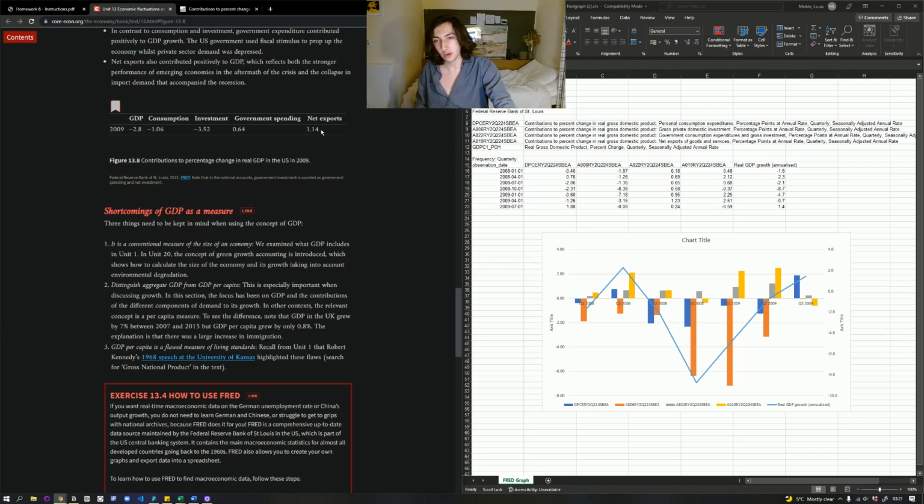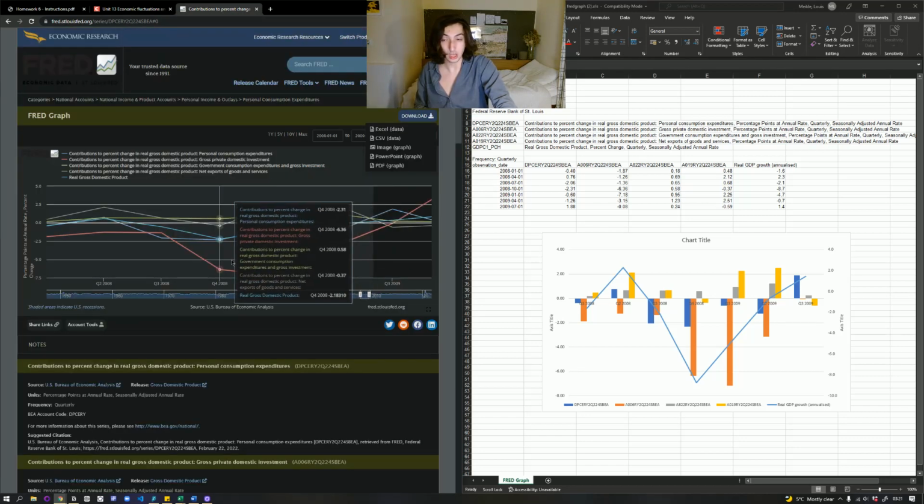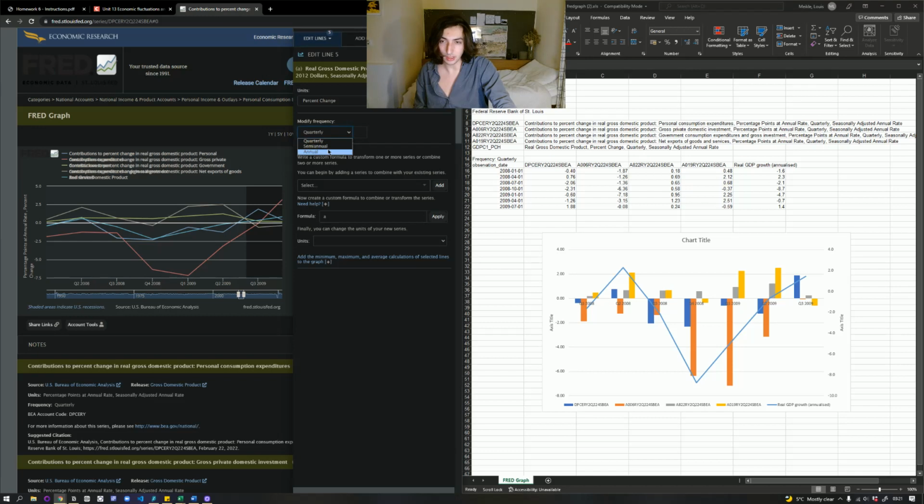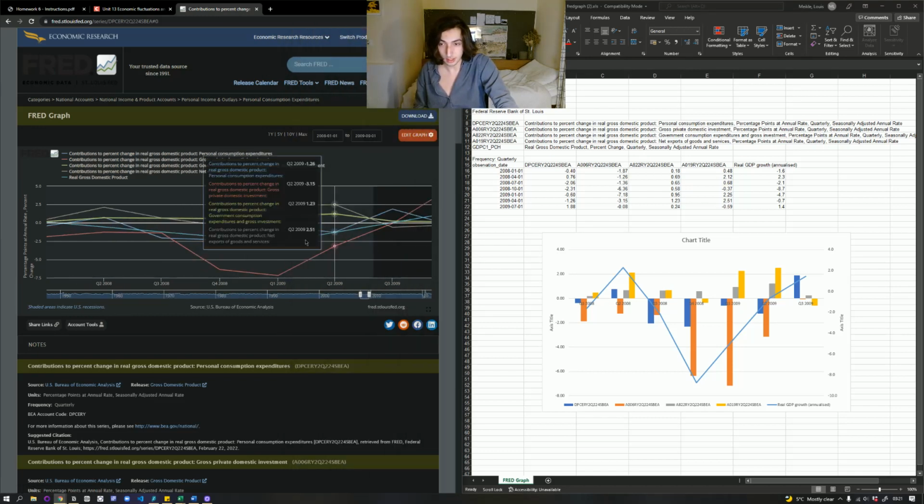So I suppose you could just try adding up your components and then going for GDP. Or you could take values from here, and instead of having it in quarterly, have it in annual mode. Did I even change it to annual mode?